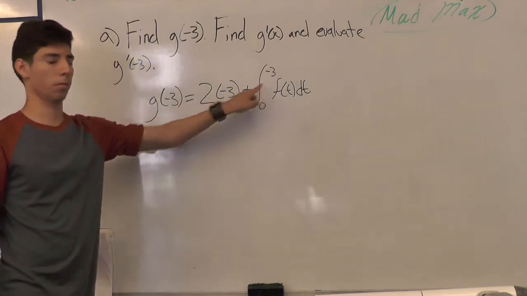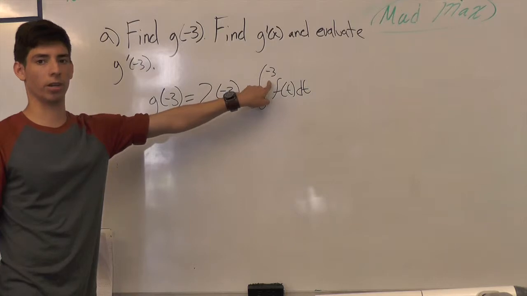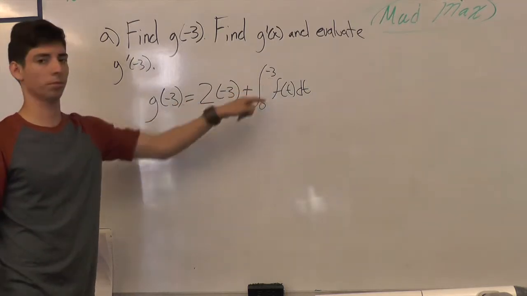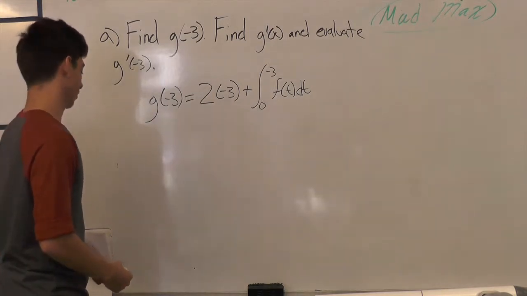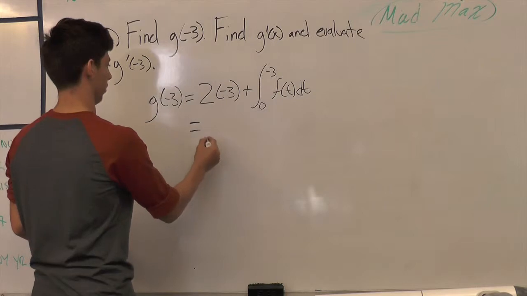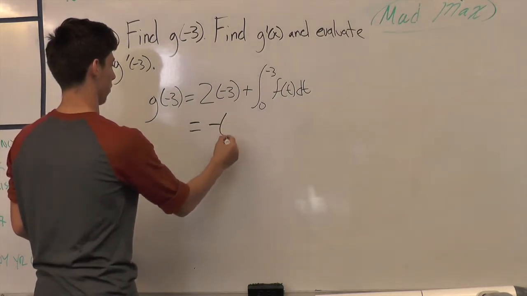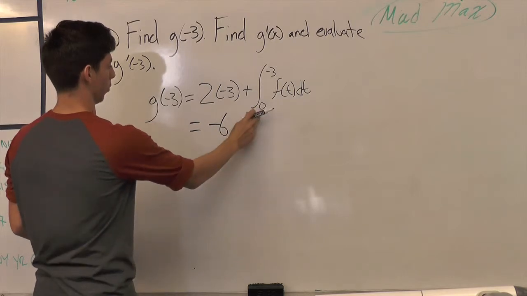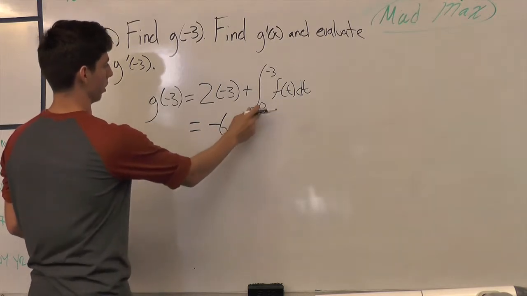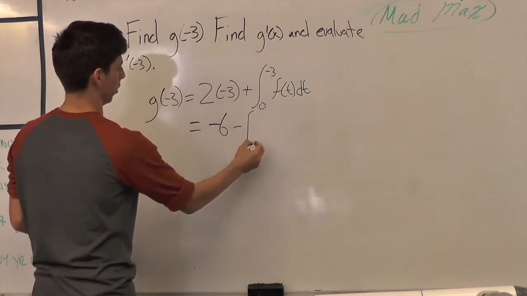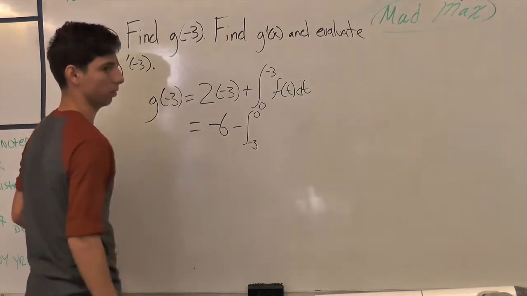Next step, solve. You have to switch this integral into a negative in order to switch to 0 and -3, because you always start from the lowest and go to the highest.